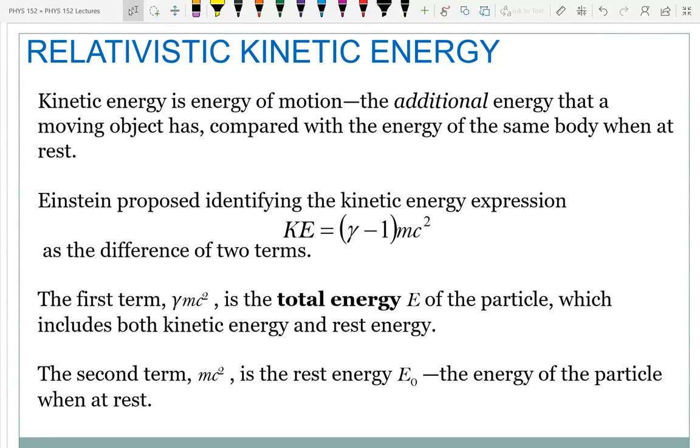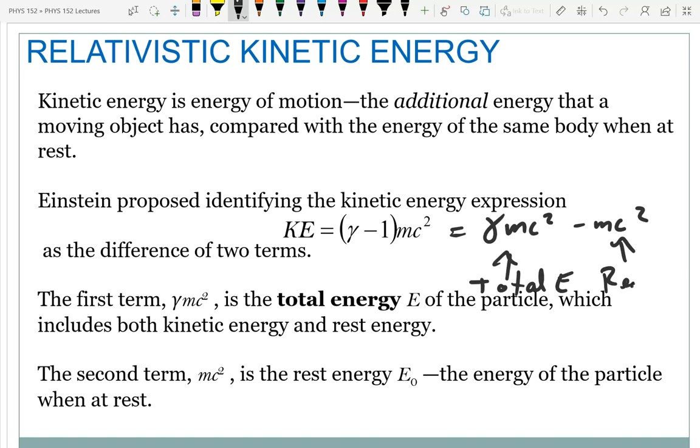This relativistic kinetic energy, Albert Einstein said, let's call this first term the total energy. And let's call this the rest energy.